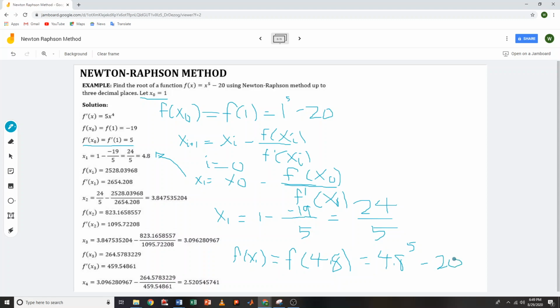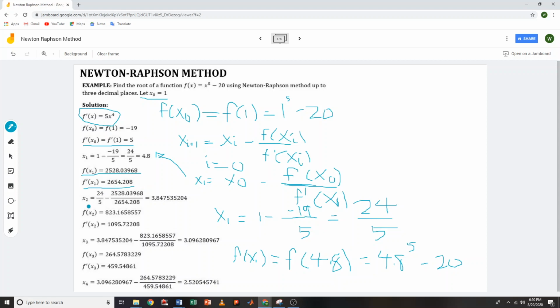So the result will be this one. Now again, if we evaluate f prime of x1, here is the equation of the derivative. You get 2654.208. You can check that in your calculator.